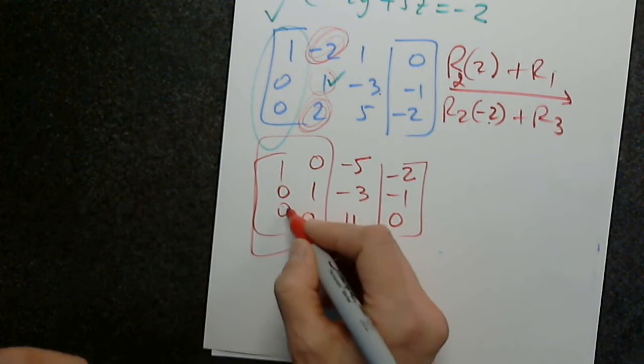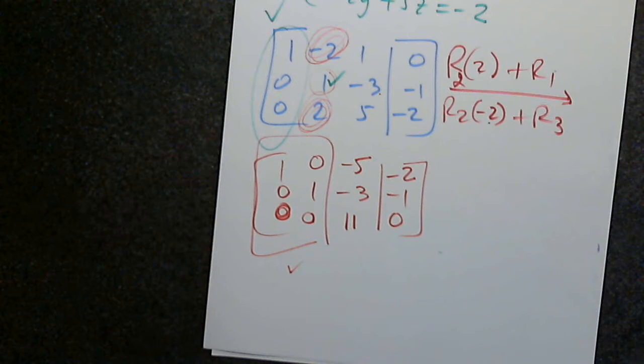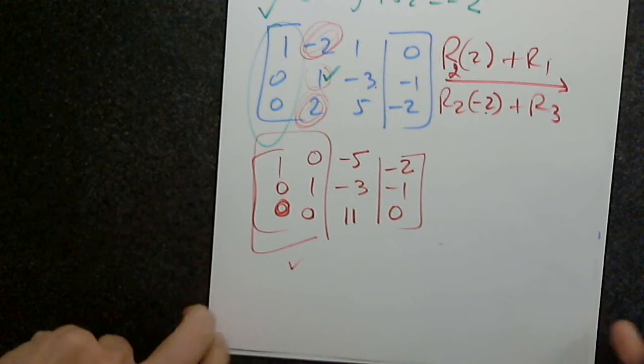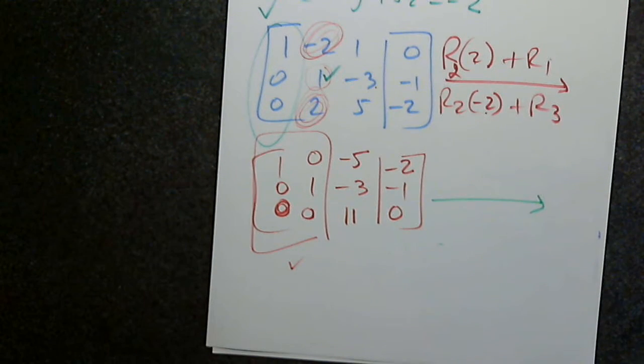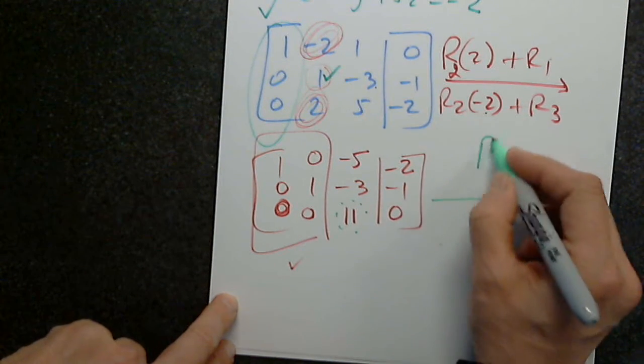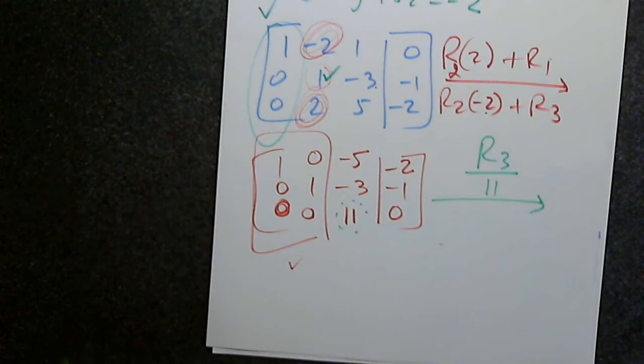Where am I and what am I doing? So then we have R3 divided by 11.